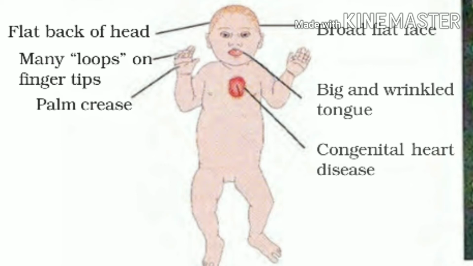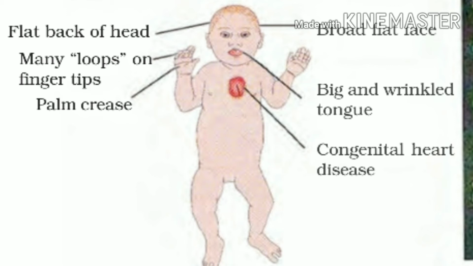And see the flat back of the head, many loops on fingertips, palm crease is different, broad flat face could be seen, big and wrinkled tongue, congenital heart disease. Congenital means by birth.